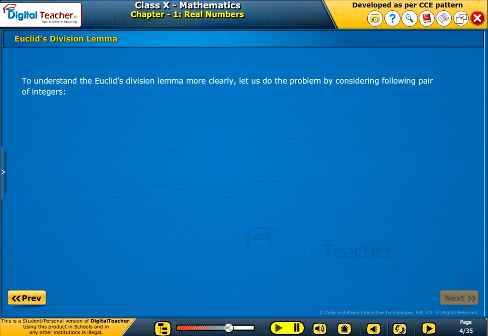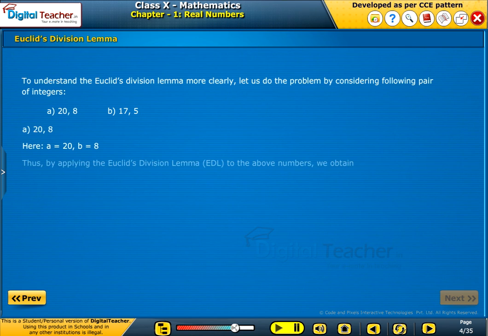To understand Euclid's division lemma more clearly, let us do the problem by considering the following pairs of integers: 20 and 8, and 17 and 5. Consider the pair 20 and 8. Here A is equal to 20, B is equal to 8.